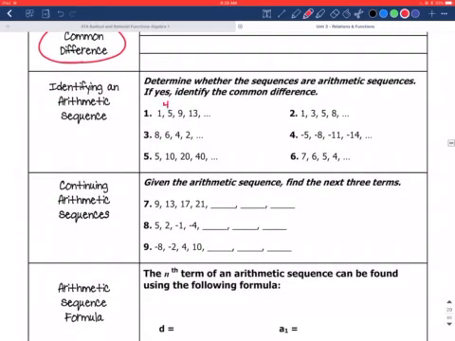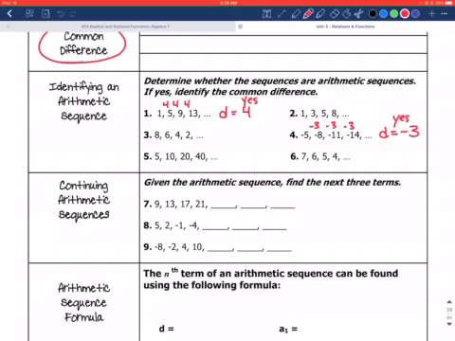Here for number 1, yes, they are increasing by 4, so our common difference is 4. For number 4, I'm going to skip around, we are decreasing by 3 every single time. So yes, it is arithmetic, but our common difference is a negative 3 because we are decreasing by 3, okay?